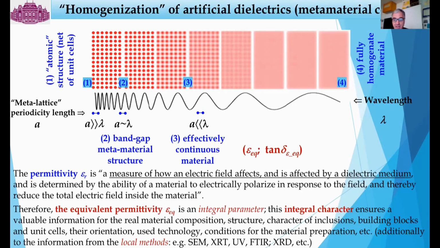Here, the integral character ensures information for the material composition, also for the structure, character of inclusions of dielectrics, building blocks and their orientation, used technology, and many other information.